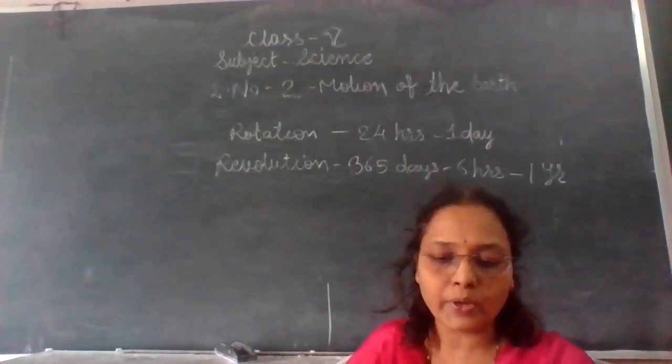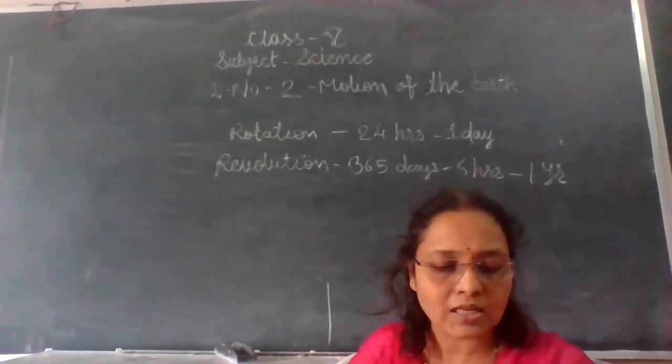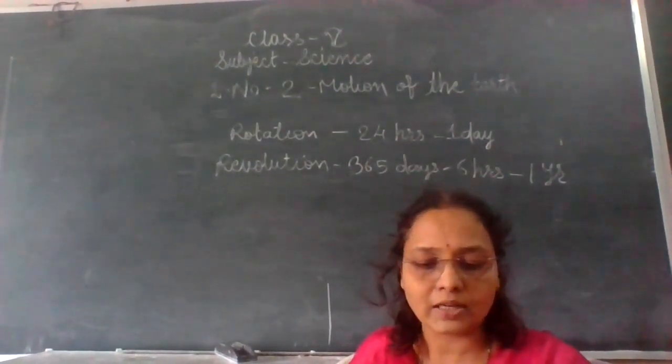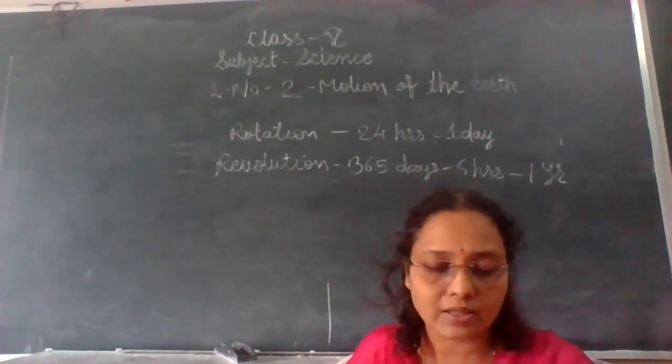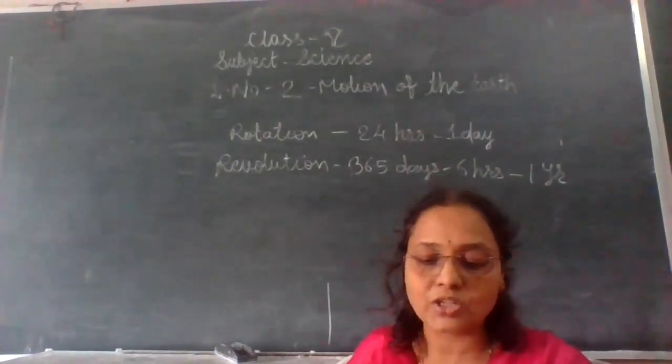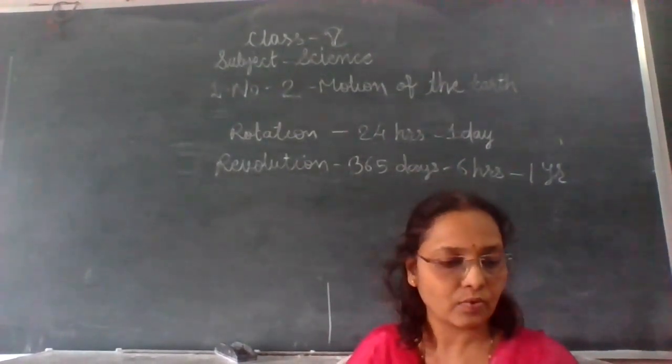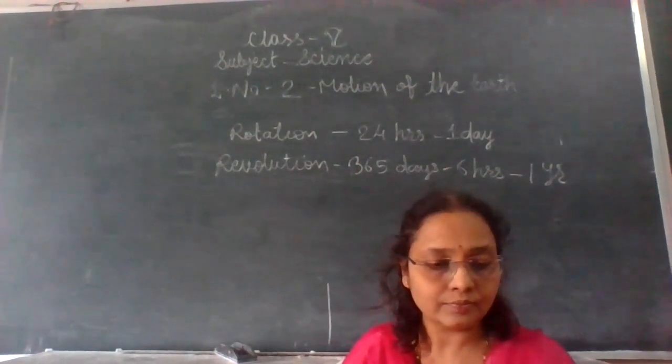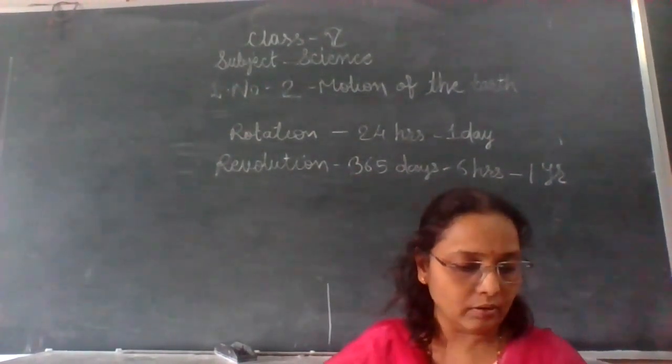Understood? It appears to be bigger than the stars, but all the stars and the planets are much bigger than the moon. The moon is the Earth's only natural satellite.